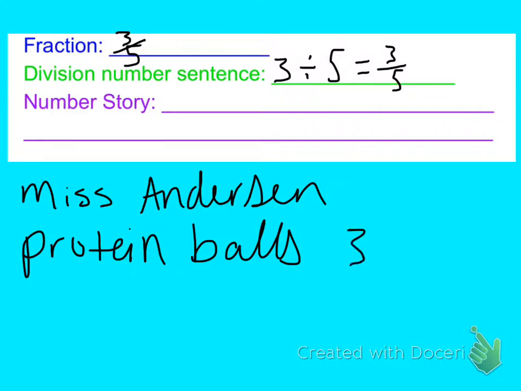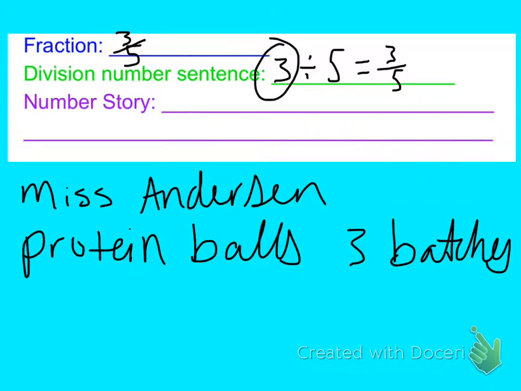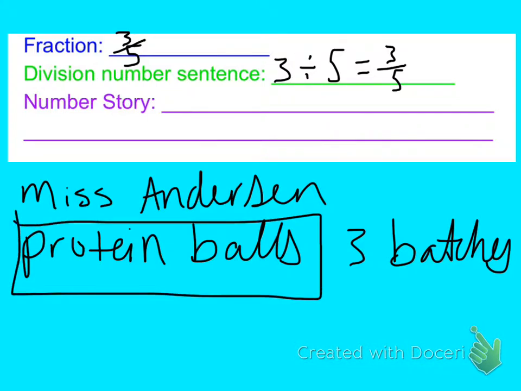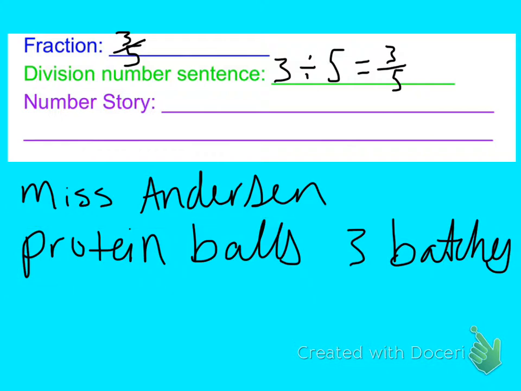I'll do 3 batches. And the reason that I did 3 was because that was what I was dividing in my number sentence. Also, the reason that I chose protein balls was 1, Miss Anderson loves them. But for 2, food is like the easiest thing to divide up. So when you're writing your number stories, I would recommend using food.